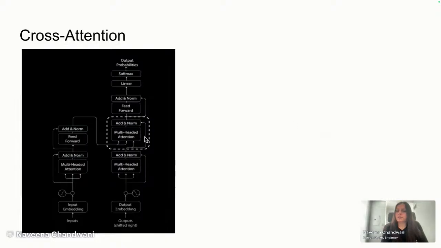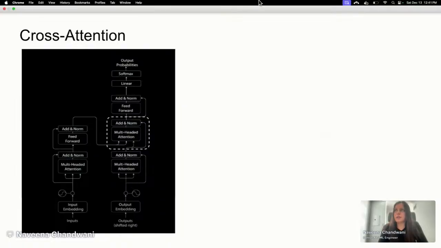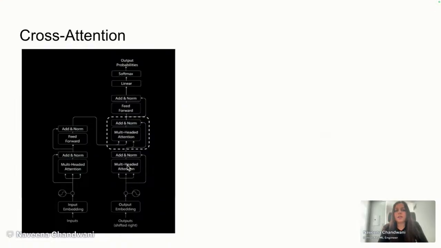And cross attention. So we saw attention heads in the encoder side to know how much attention should each input word pay to every other input word. We saw attention heads on the output side in order to know how much should each output word pay attention to the output words it saw before it.